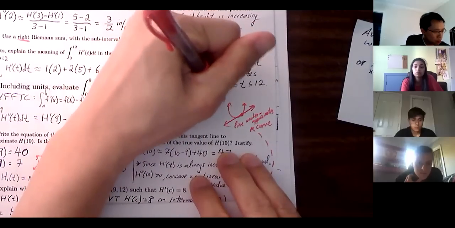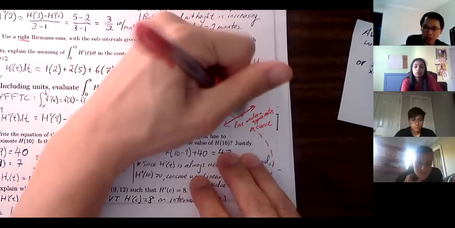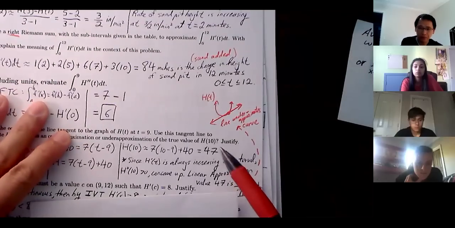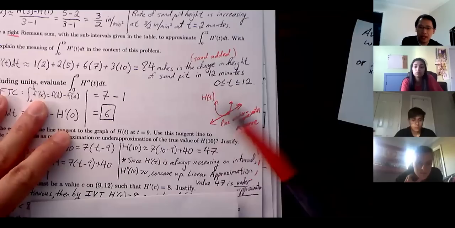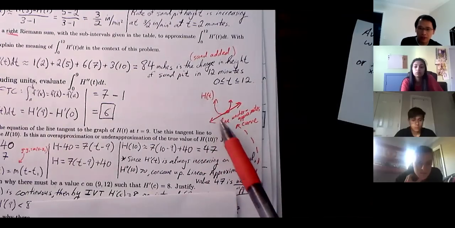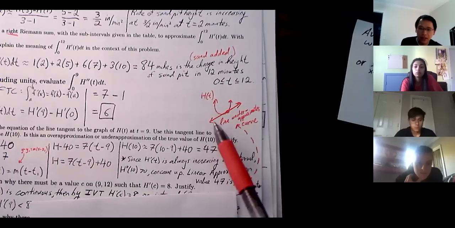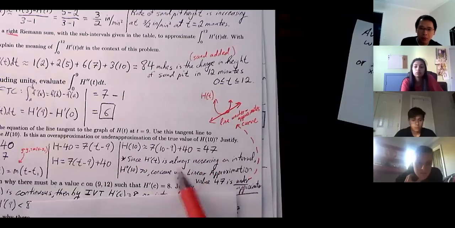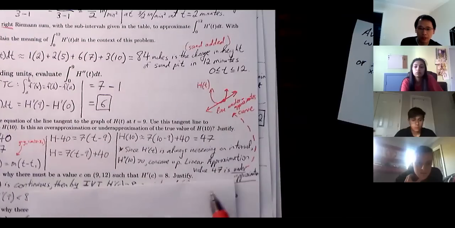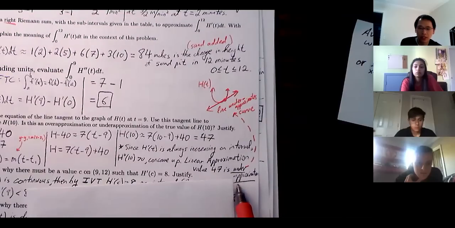This may not be what the graph looks like, but we know it's concave up, so I'm just going to graph a concave up shape. Wherever I draw my line, it doesn't matter if I draw a line here or if it's a tangent line to the curve, the line is always going to sit below the curve. And so any approximation that I use with my line that is part of a concave up graph is always going to under approximate.